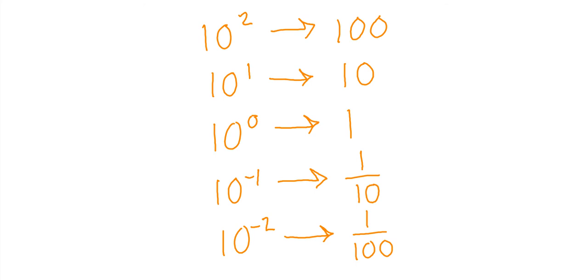I'm going to write the fractions to make it a little more understandable for us. I'm going to write these as decimals to kind of prove to you why this works.